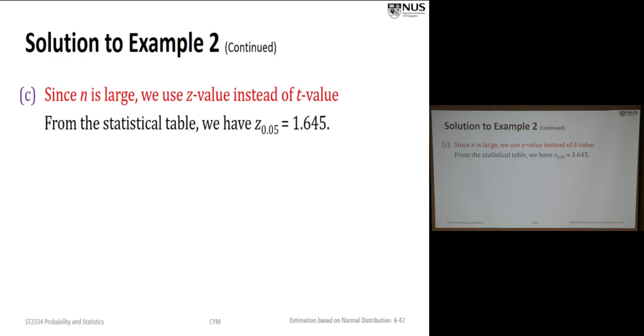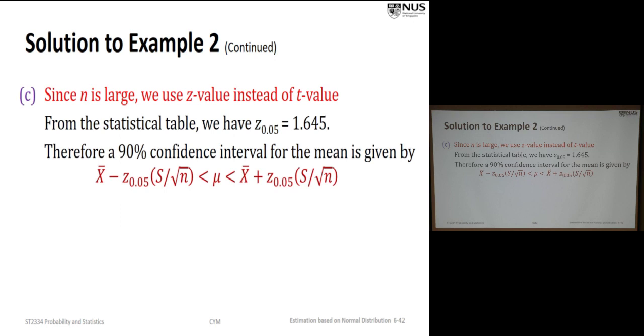So n is large, so I can use this as a confidence interval. This is the estimate of sigma over root n, and this one is taken from the standard normal.